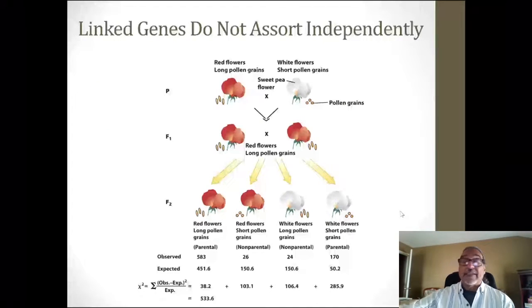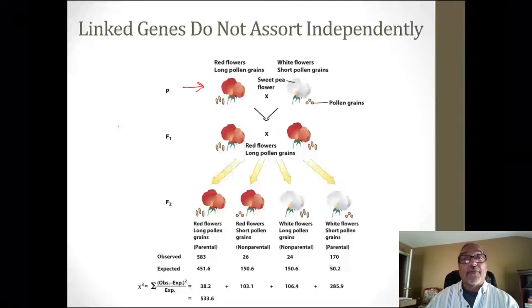This is a nice example of a combination of a red flowered plant with long pollen grains, and we see that up here, and of course the white flower with short pollen grains.